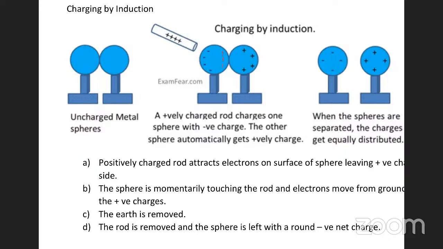That will now induce a negative here, and as a result, a positive there. You'll see that? So the electrons kind of move to one side. That is called charging by induction. The first one was charging by friction. The second one is charging by induction. Last thing, when the spheres are separated, the charges are equally distributed. So you have negative on one side, equally positive on the next side. Everybody okay with that? That's called charging by induction.